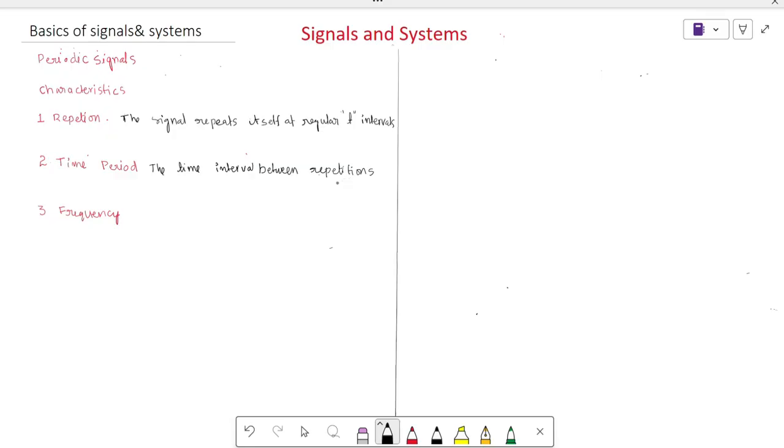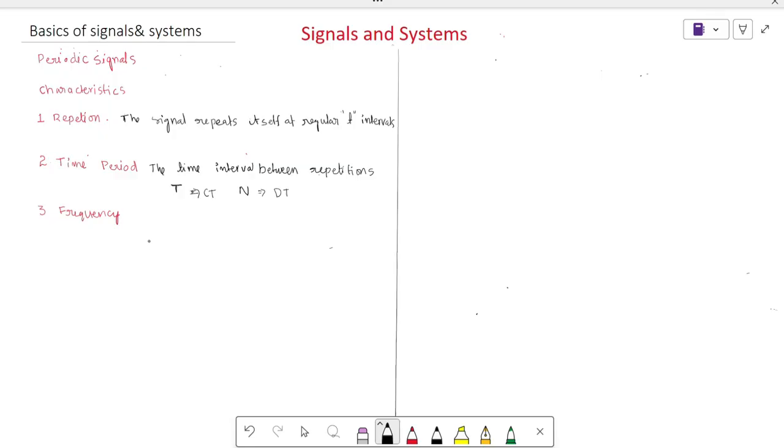So this gap between two repetitions is nothing but the time period. In continuous time, it is denoted by the capital T. In case of discrete time, it is denoted by the capital N. So capital T is the time period in case of continuous time.